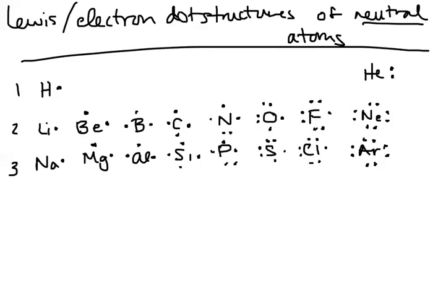Make sure you actually make it clear that they're dots. If I see just a tiny, faint pencil mark, I'm not going to know whether that's a dot or not. So actually make it clear that you're putting in those valence electrons.